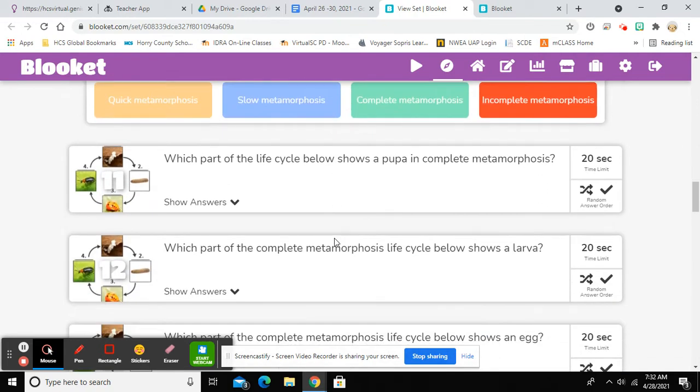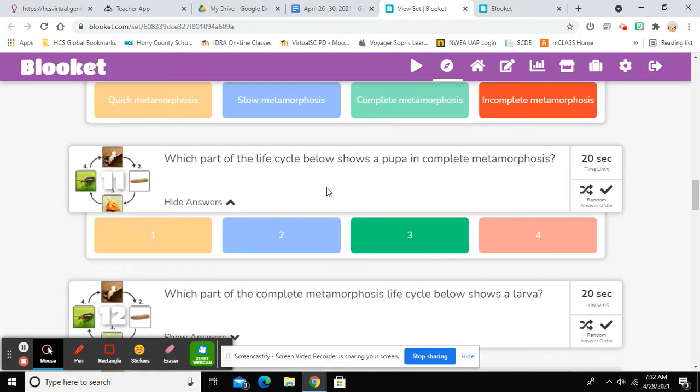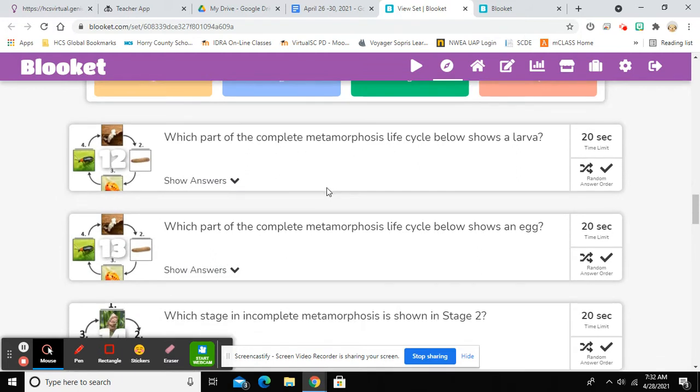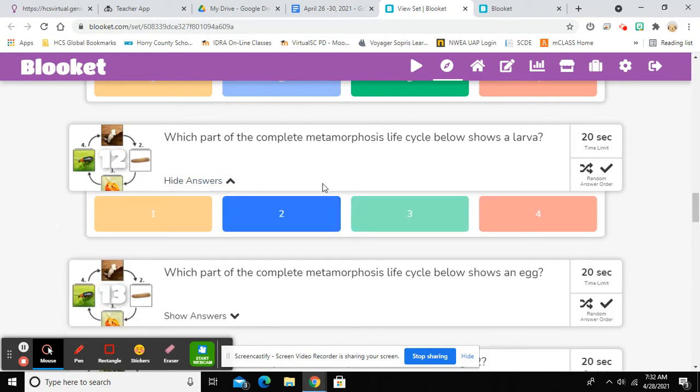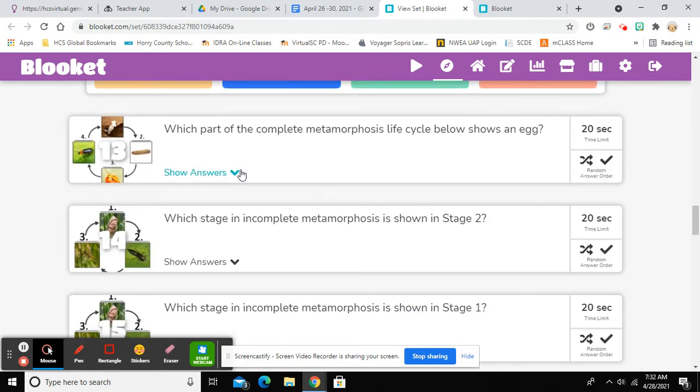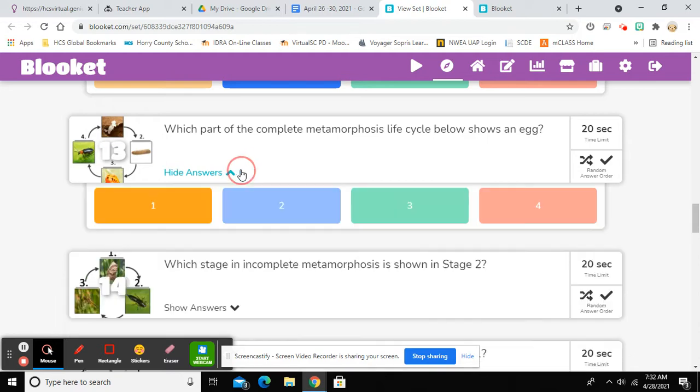Which part of the life cycle below shows a pupa in complete metamorphosis? Which part of the complete metamorphosis life cycle below shows a larva? Which part of the complete metamorphosis life cycle below shows an egg?